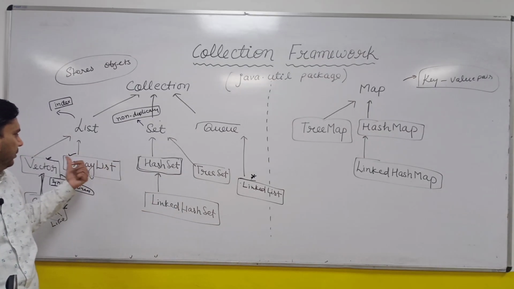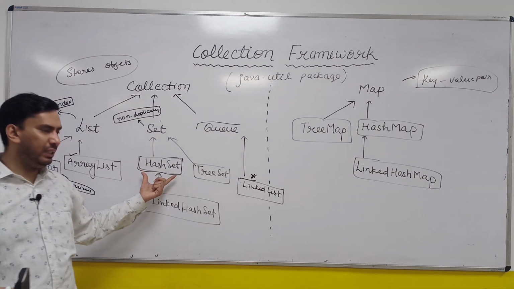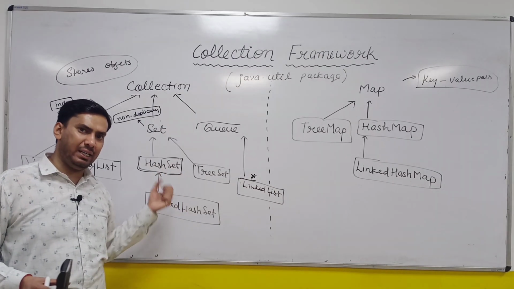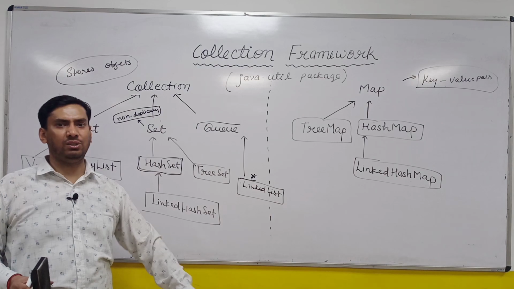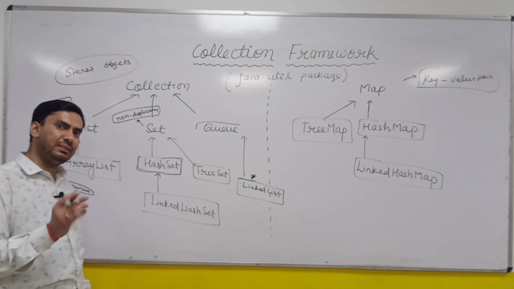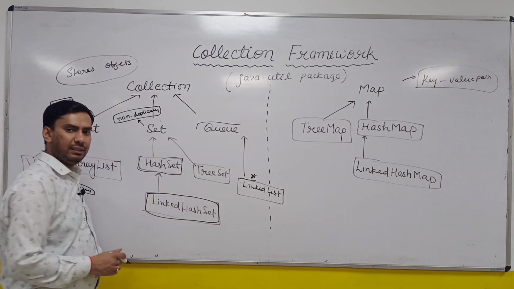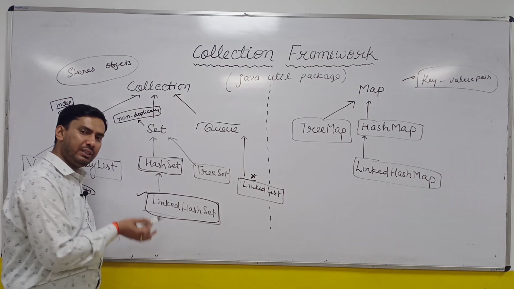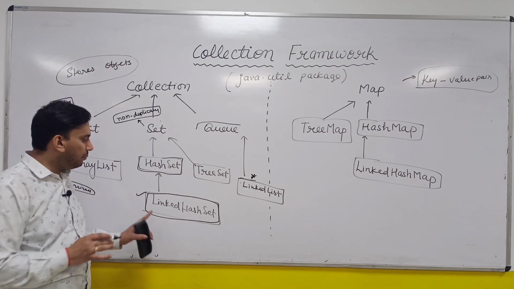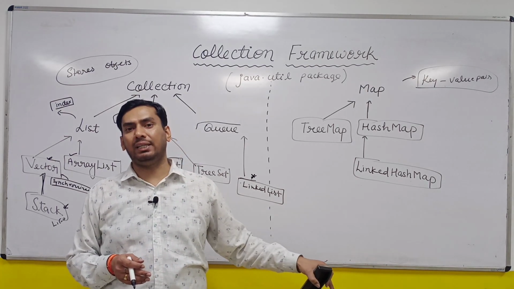If you want ordering, you have to go with the list subclasses. Right? So here duplicacy will be removed, but all elements can be retrieved in a different order. If you want to retrieve them in the same order, then we have the linked hash set. Linked hash set will ensure the non-duplicacy, but it will also provide you the elements in the same order in which you are adding.